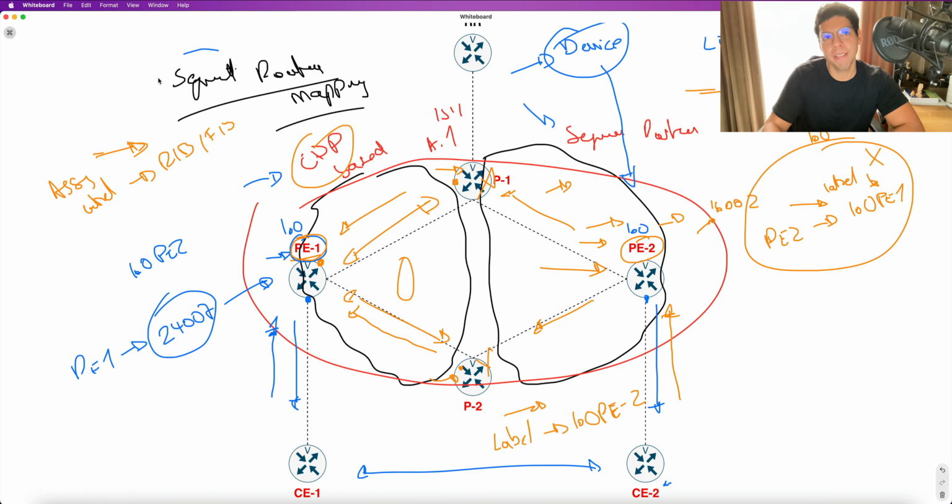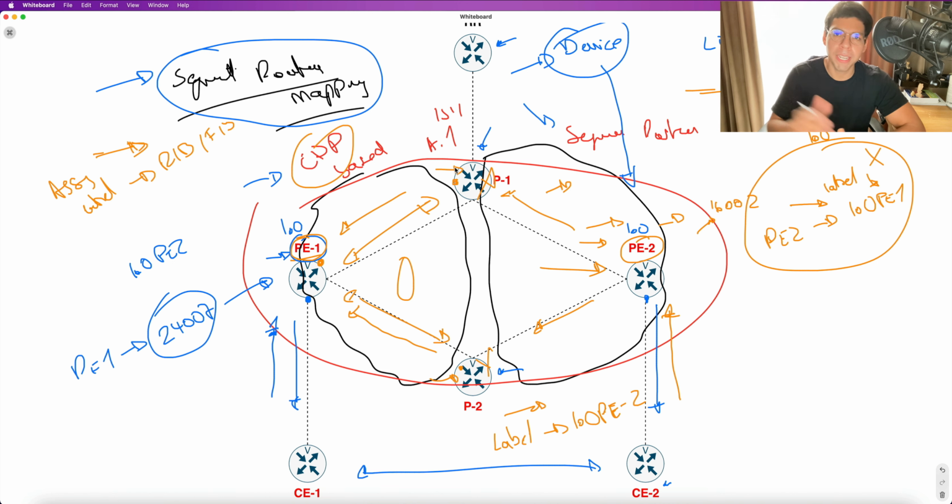And that device is the mapping server, okay? And for that, we need to configure the mapping server. We need to define in the network which device will be it: the route reflector, a provider router, whatever device. It can speak LDP or it can also be in the segment routing domain, but any device that we choose in the network can be a mapping server, okay?